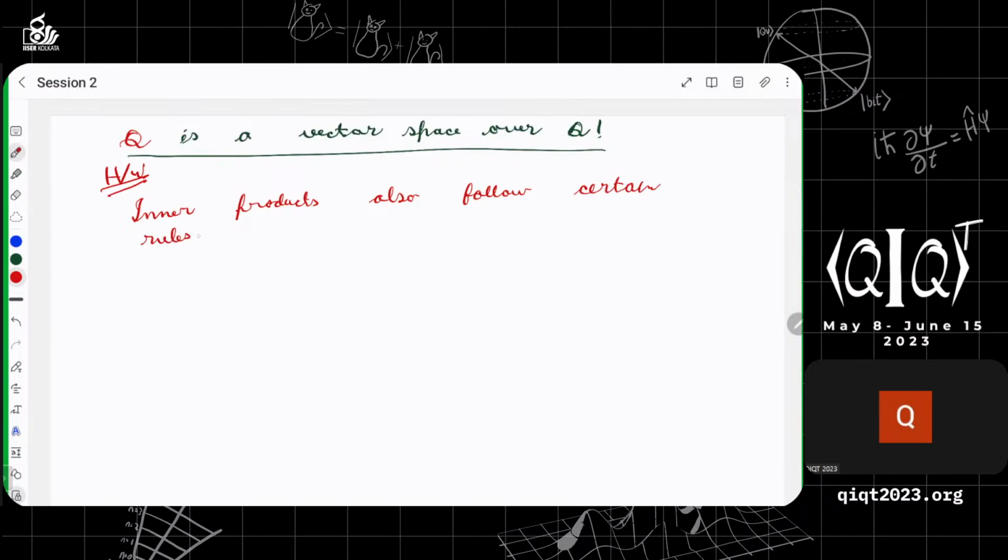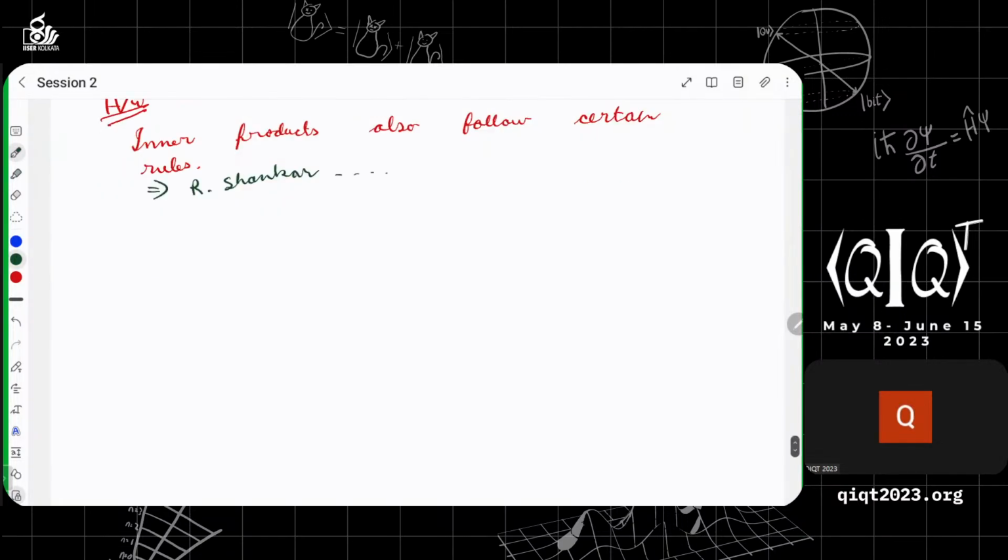I won't be discussing it here, but you can refer to R. Shankar, Principles of Quantum Mechanics, that book that I recommended a bit earlier.